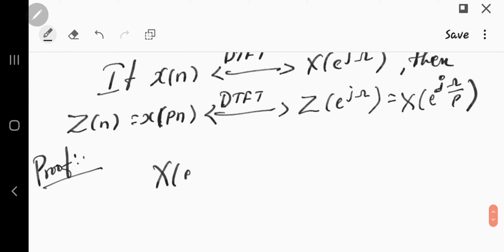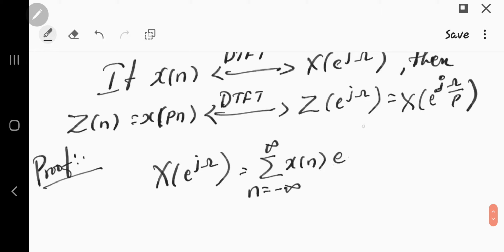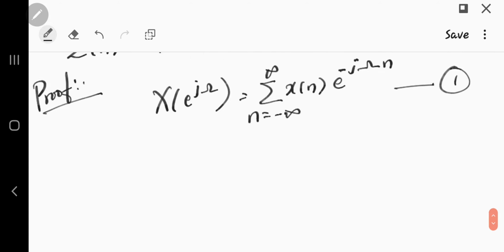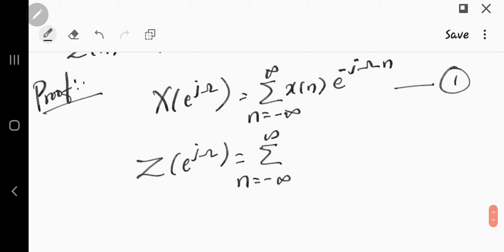So we have x of e power j omega is equal to the summation of x of n e power minus j omega n. This is just for reference, so call this as 1. So z of e power j omega is equal to the summation, n varying from minus infinity to plus infinity, of z of n e power minus j omega n.